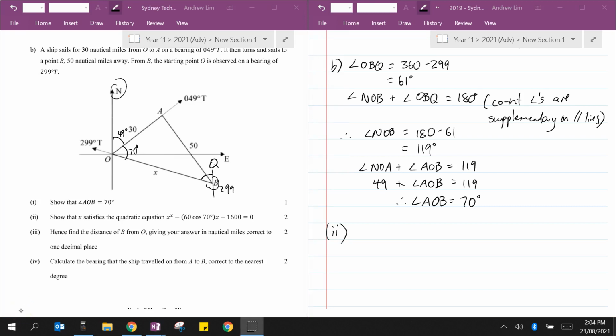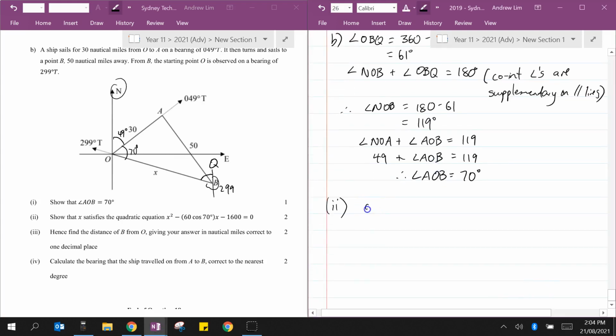Okay, so we'll probably need to use the cosine rule here. We're finding an unknown side, but the angle that we have is 70, so we're going to be using 50 squared. 50 squared is equal to 30 squared plus x squared minus 2 times 30 times x times cosine of 70.